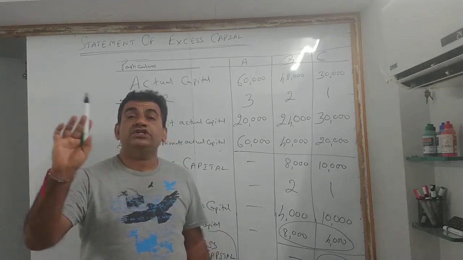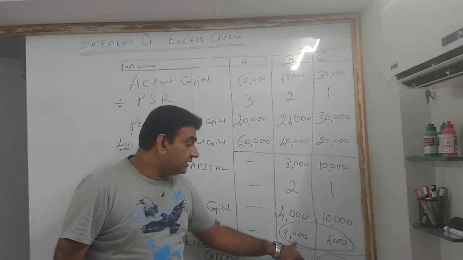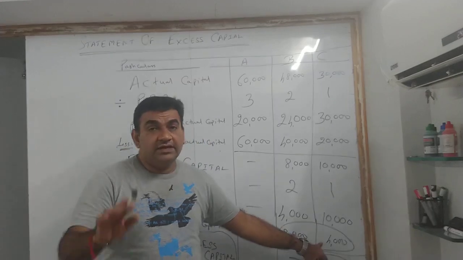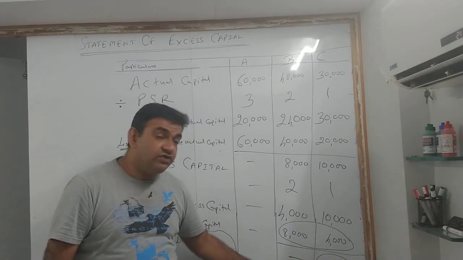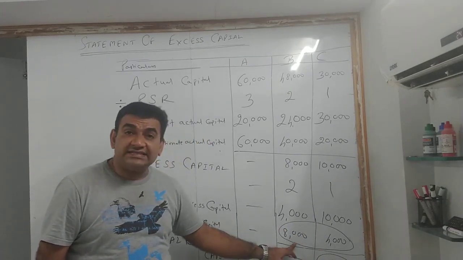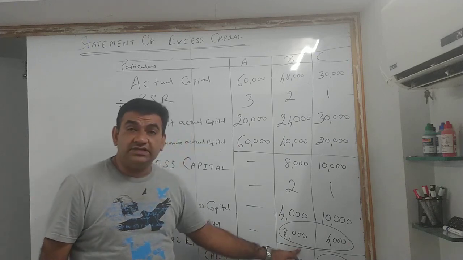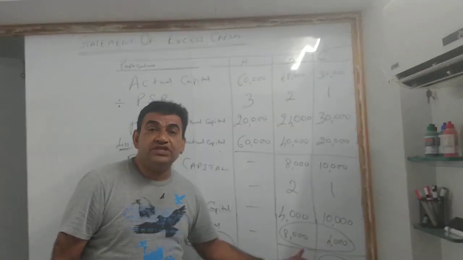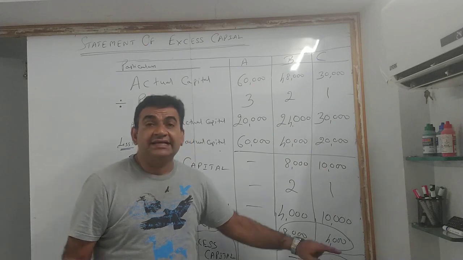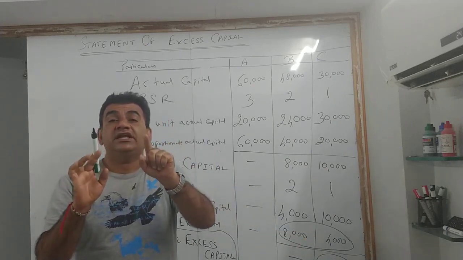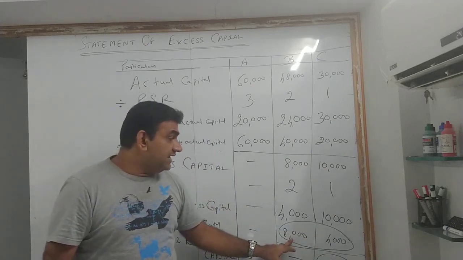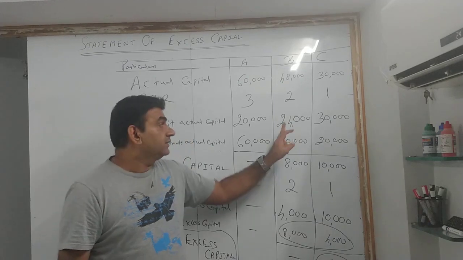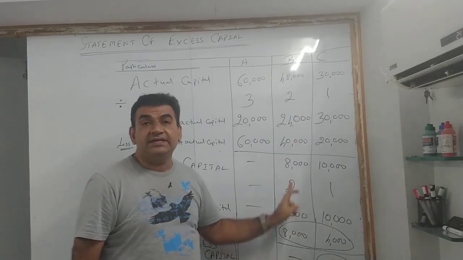That means 8 plus 4 is 12. 12 I will pay in the ratio of 2:1. Now one thing to remember: above this 6,000, these balances, 8,000 and 4,000, have to be in the ratio of the partners. B 8,000, C 4,000. What is the ratio? 2:1.